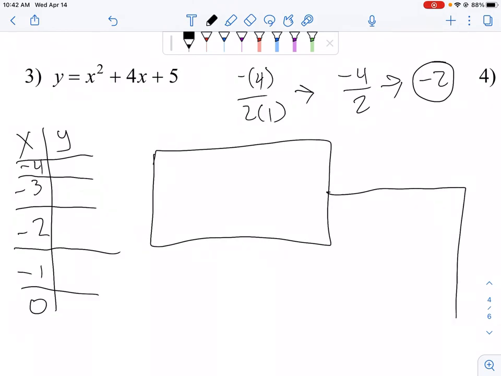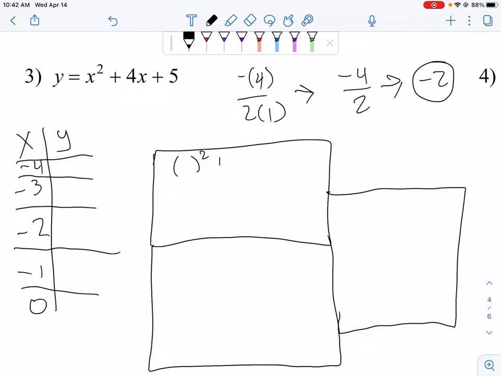And then we're going to plug our values into our original equation and see what happens. So my original equation, x squared plus 4 times x plus 5. But I'm going to be replacing x with some different numbers to see what happens, which is why I'm putting parentheses.